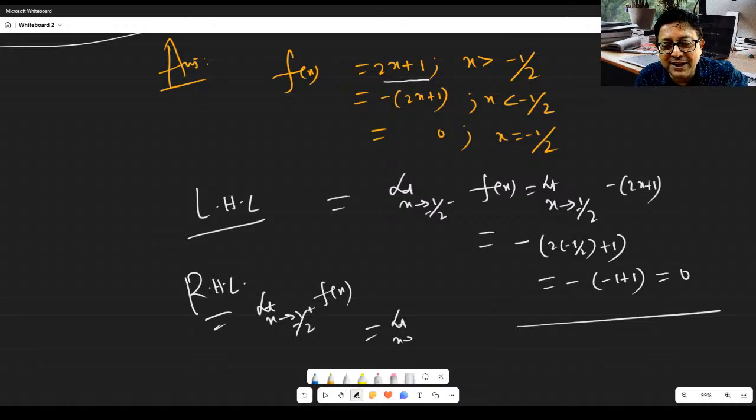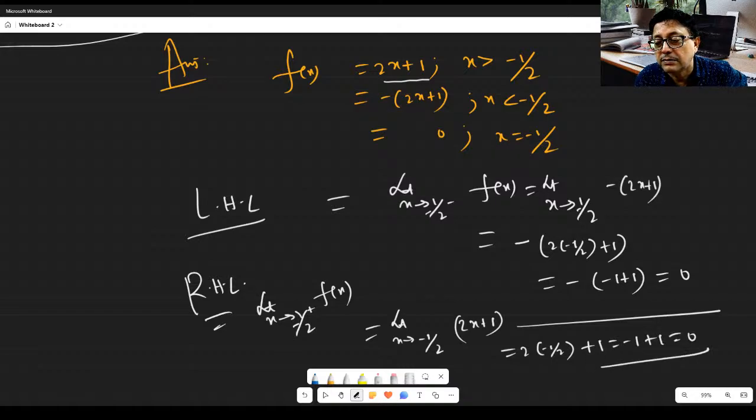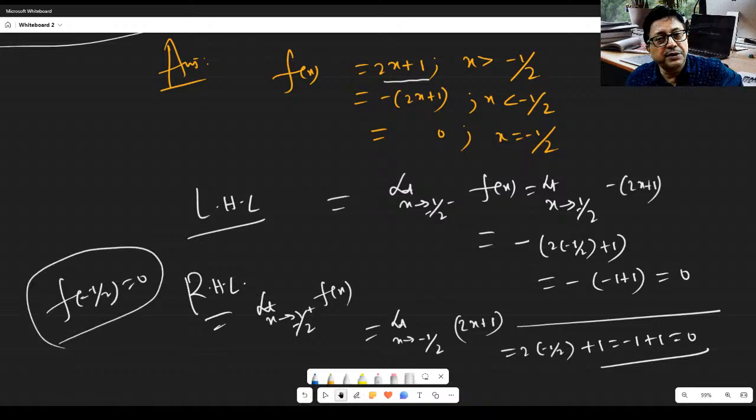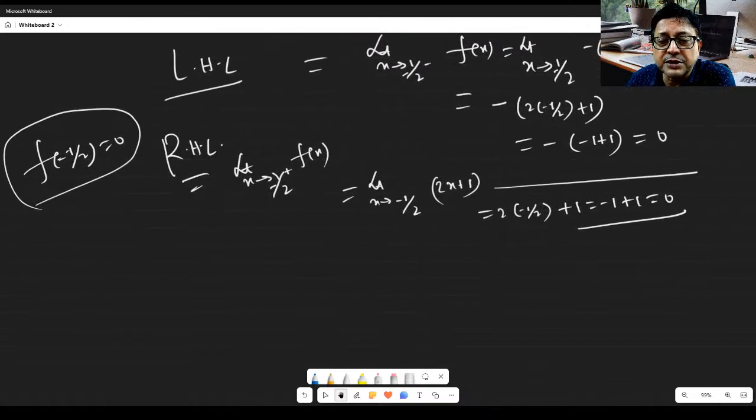So this will be limit x tending to minus half plus, I will be taking this part of the function 2x plus 1, equal to 0. Clear? And f of minus half is also equal to 0. So you are getting 0 only. The function is continuous.